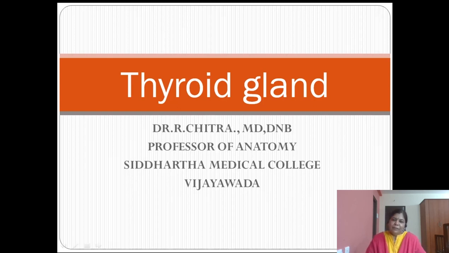Interesting features. Thyroid gland is the only endocrine gland which depends on the external environment for its production of the hormone. What is that external source it needs? It is the iodine.